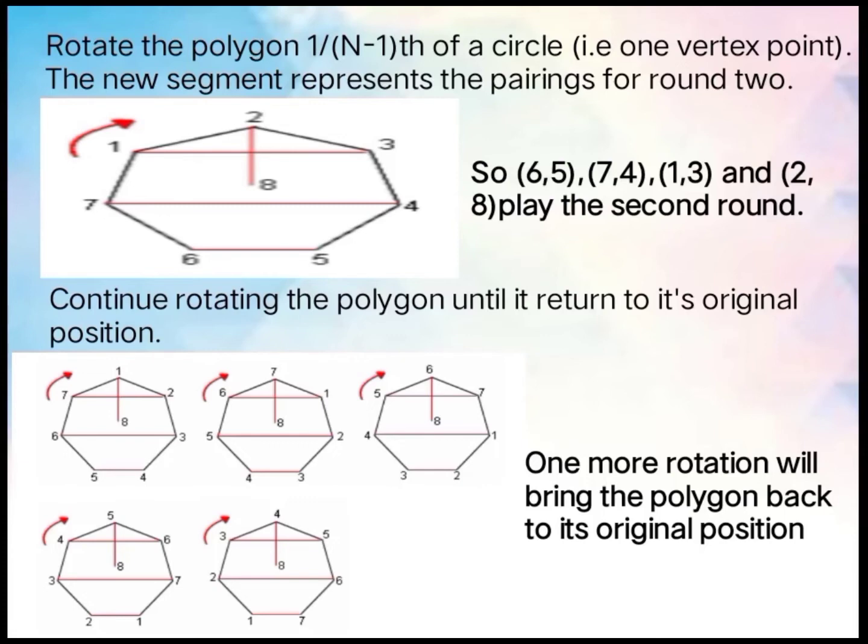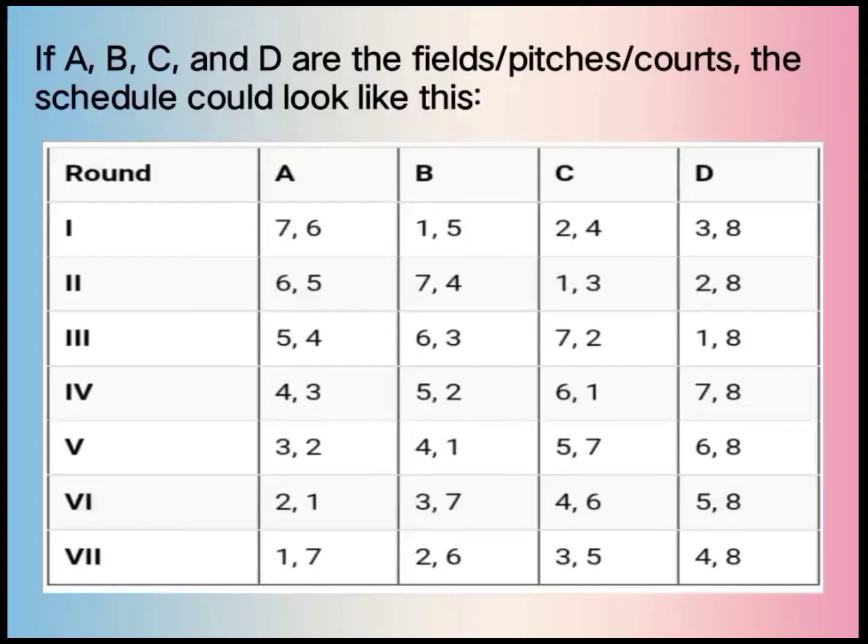Continue rotating the polygon until it returns to its original position. One more rotation will bring the polygon back to its original position. If A, B, C, and D are the fields, pitches, or courts, the schedule could look like this.